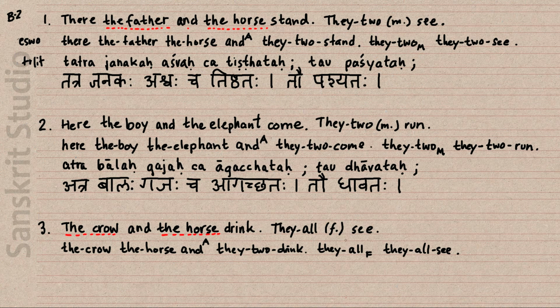So it's another group of objects or people or animals that are observing the crow and the horse when they are drinking, as opposed to up here on exercise 2, where they presumably refer to the boy and the elephant, who are coming.